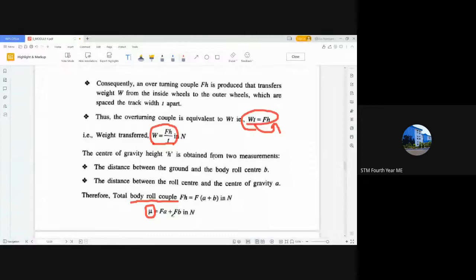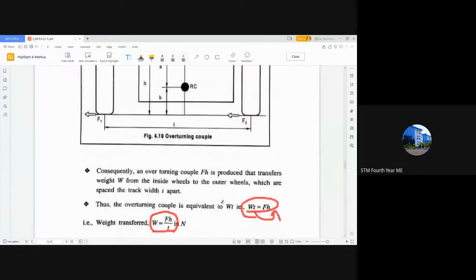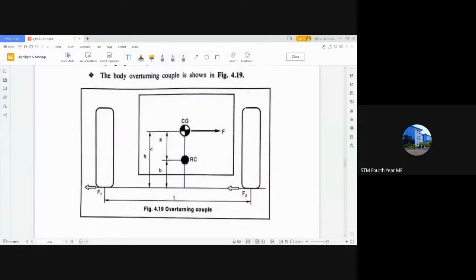And finally write down mu is equal to Fh, and in brackets, H is equal to A plus B. So it is shown here. H is the sum of the distance from the roll center axis to the center of gravity and the roll center axis to the ground.